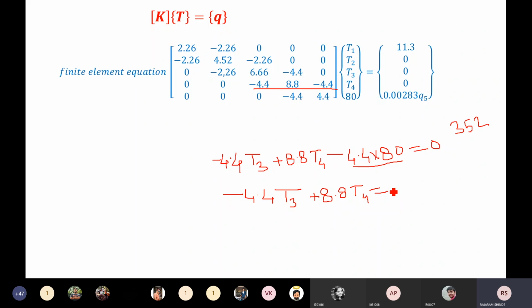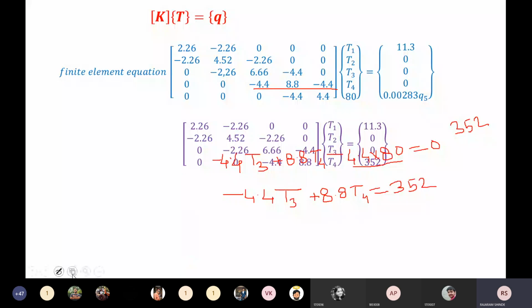You will get 352 here. Am I right? Yes, 352 here. Now I will write the 4 equations. First the 4 equations. Last equation is not required to solve. Now I will write the first 4 equations. Now you see this one.